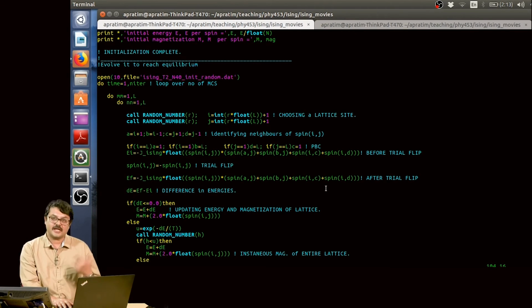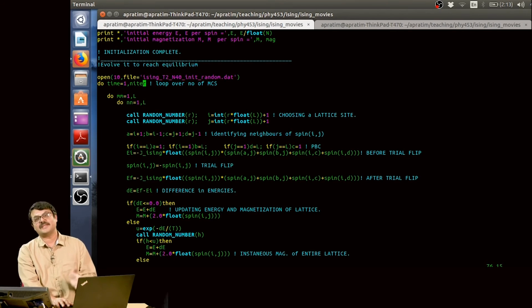For that you do start Monte Carlo steps, and here you see that I have a loop which says time equal to 1 comma nature. Time is a dummy variable, you can call it by any other variable. We are essentially doing an ensemble average, but we are generating one microstate after the other using the Metropolis algorithm, which is implemented below.